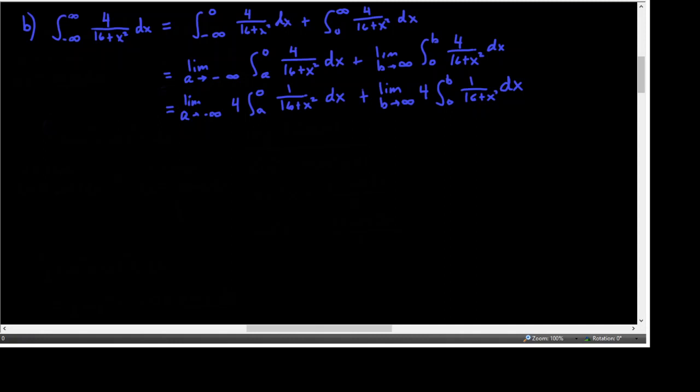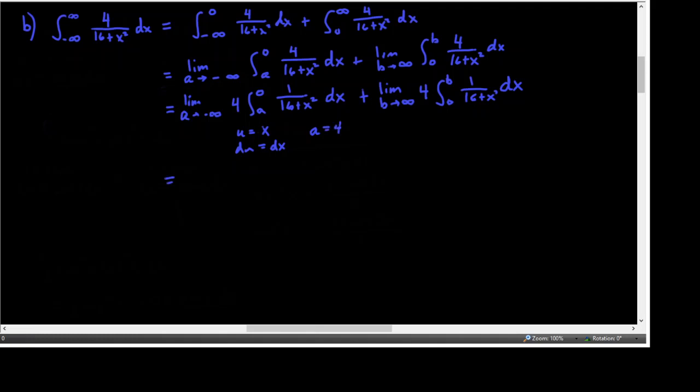Okay. So the form of this is arctangent. So u is x, du is dx, so I don't need to introduce any constants, and a is 4.